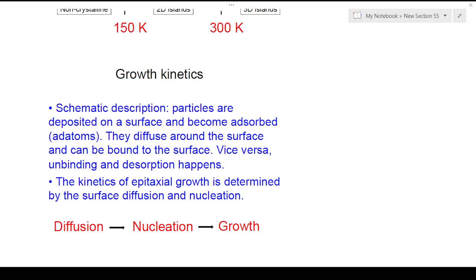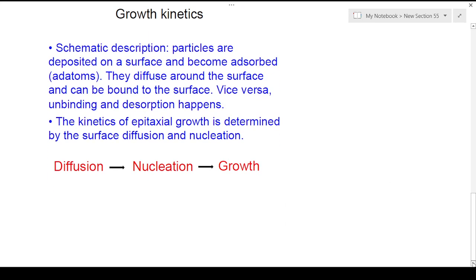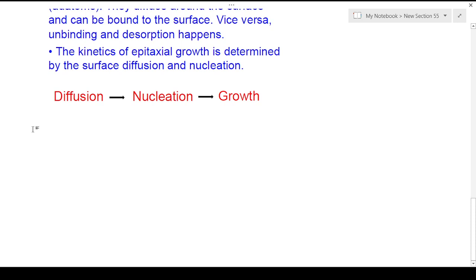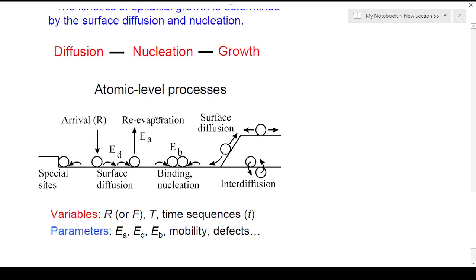Okay, when we talk about the process at the atomic level, because here we are dealing with epitaxial growth, the thickness of the particle will be on the order of 1 nanometer, 2 nanometer. If it is 1 nanometer, it is simply like 10 angstrom, right? So you can say in that perspective also.